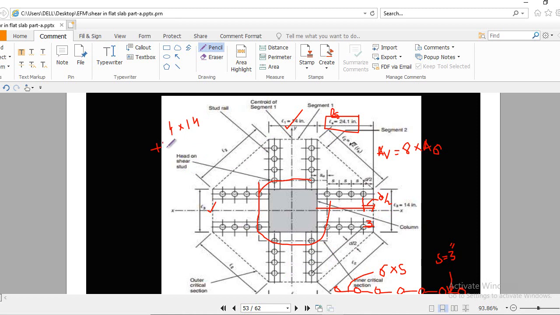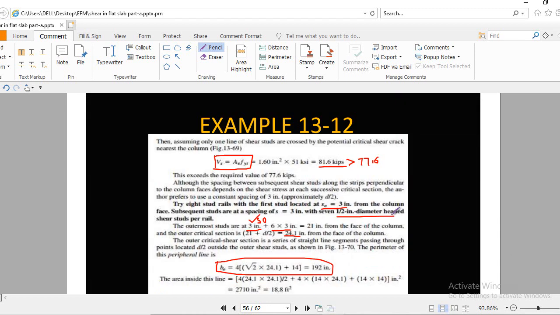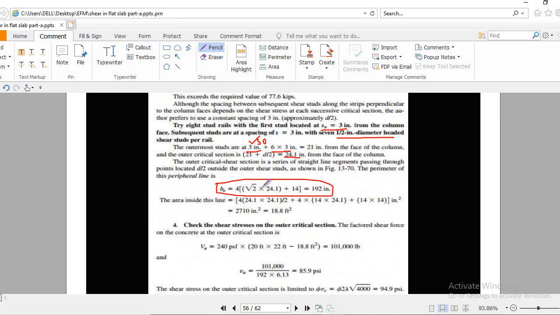So 4 incline distances. Now you see L2 is equal to the square root of 2 times LS. So we already found LS. We just have to multiply it by the square root of 2 and by 4. That means 2 LS, and we got our b0. Clear? This is the whole summary of this calculation. You see here, and this is 192 inch.